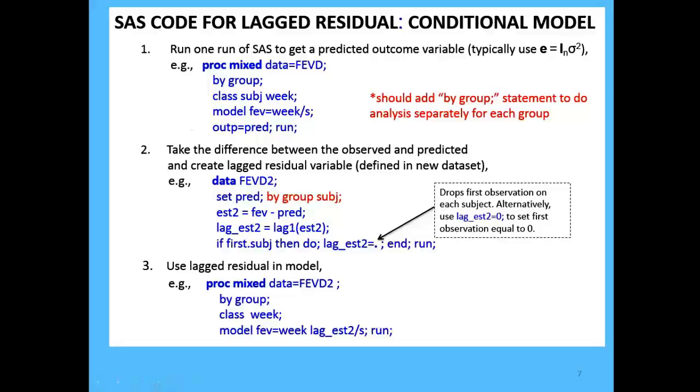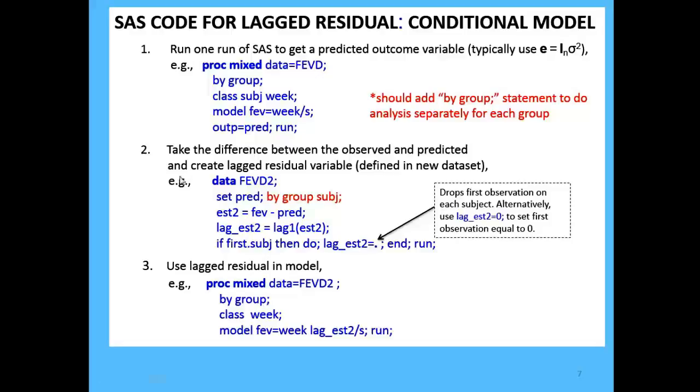So not only are we getting the estimated betas, but I'm getting the predicted values of FEV for everybody. I'm just running this model and getting the predicted values. If I want to do an analysis separately for each group, I would add by group. If I want to do it for each model separately, I would just use whatever data for the model.